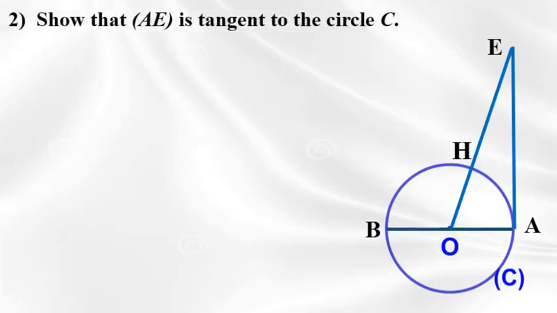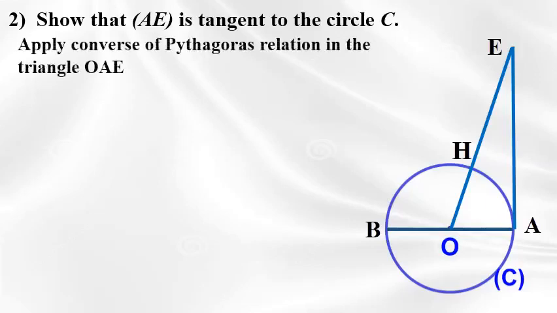Show that AE is tangent to the circle C. We have to show that the line AE is tangent to the circle C. Apply the converse of Pythagoras' relation in the triangle OAE.